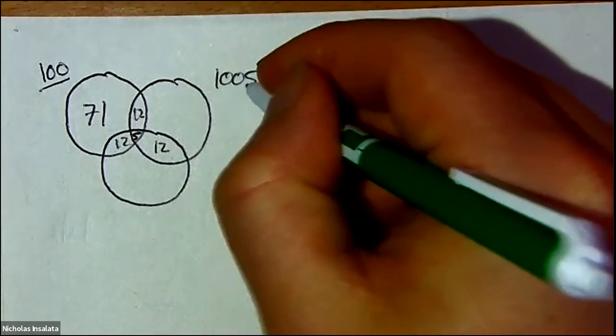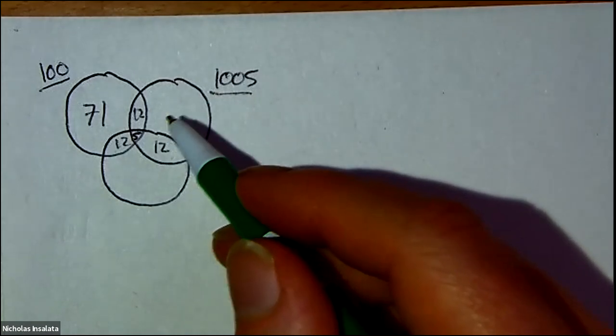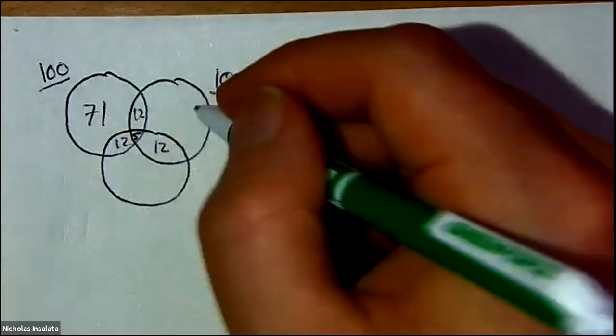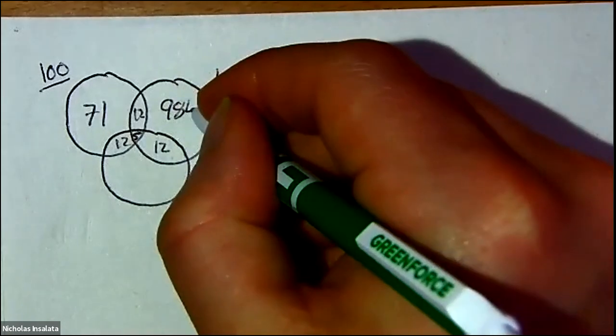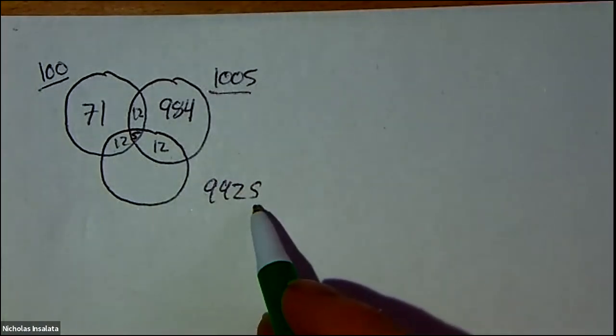Then we have 1,005 over here. That's going to be minus 21. So that'll leave us with 984. And then lastly, we have 9925 minus 29.